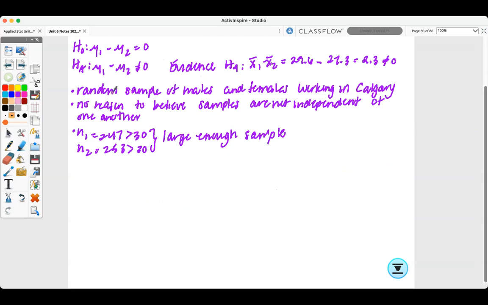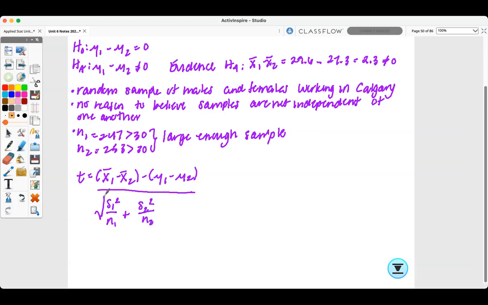Now we can go ahead and find t. We need to write our formula out. It would be x bar 1 minus x bar 2 minus mu 1 minus mu 2, all over the square root of the standard deviation of the first one squared divided by n1 plus the standard deviation of my second sample squared divided by n2.